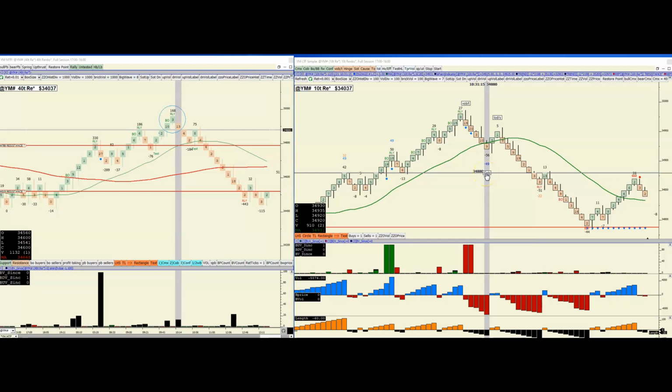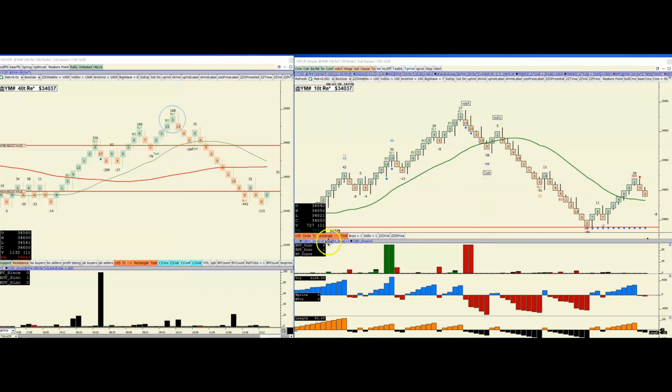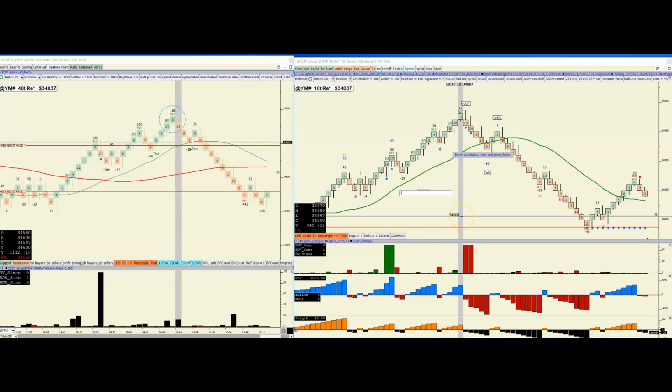Now there are four key things, but those key things are supported by other behaviors. The four key things that indicate a turning point are: you have your climax, you have your change of behavior, you have your breakout, you have your lack of demand or supply, depending if it's bullish or bearish, and then you have a confirmation, lower high, lower low.